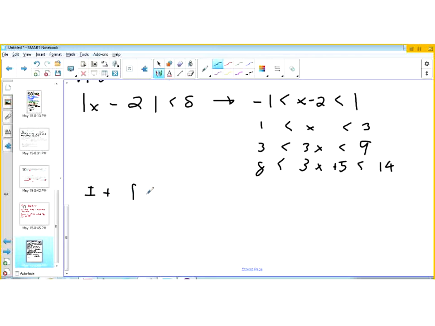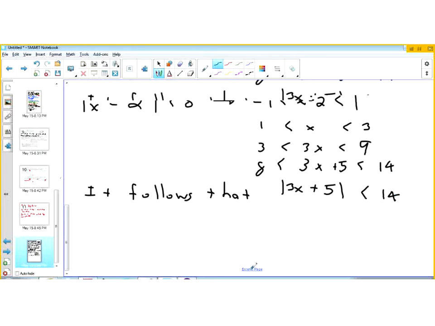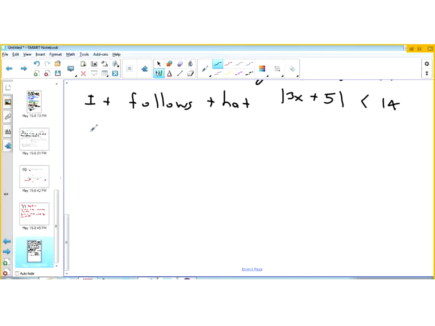Okay, so it follows that the absolute value of 3x plus 5 is less than 14.